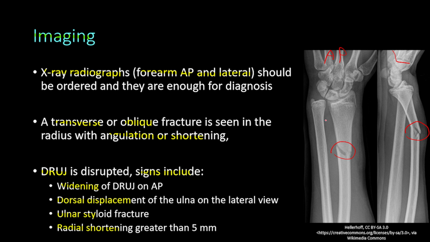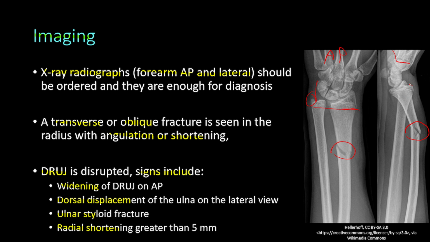On this x-ray here, we can see some signs of distal radioulnar joint injury. We can see that the joint is widened. That is because the ulna is a little bit displaced, so it means that there is injury to the distal radioulnar joint. And we can also see that there is dorsal displacement of the ulna on the lateral view.